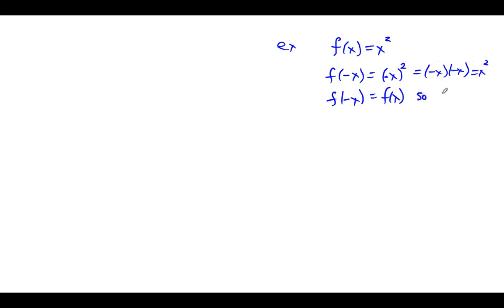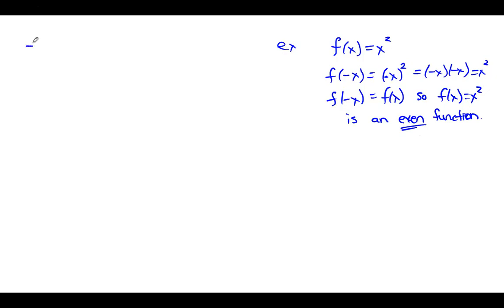So therefore, f of x equals x squared is an even function, and you see, it's because it's to the power 2. We use this kind of logic, we use the definition, we check the left-hand side and the right-hand side, to see if things are even or odd, or just in general in other questions in mathematics.